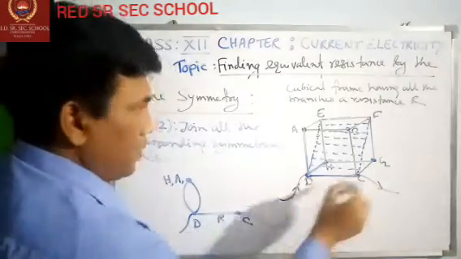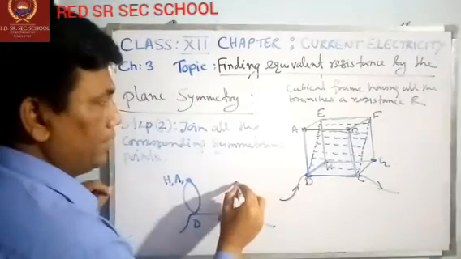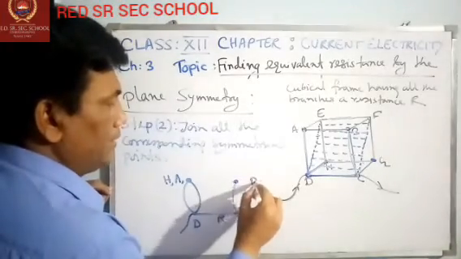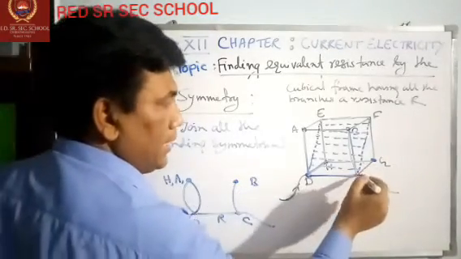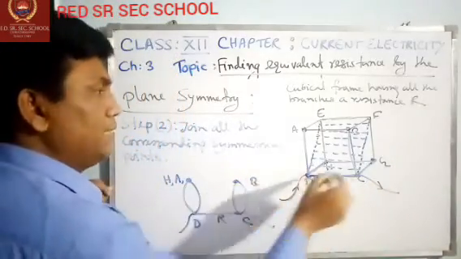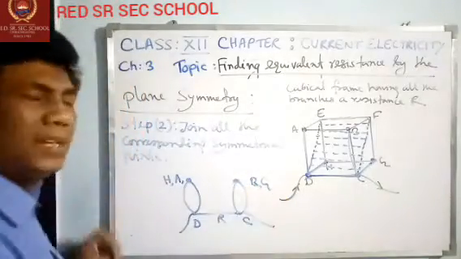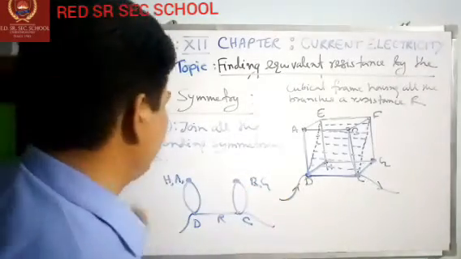Similarly, from C there is a resistance to B. From C there is a resistance to Z. But B and Z you have joined. It means this point is B or Z. Are you getting it?